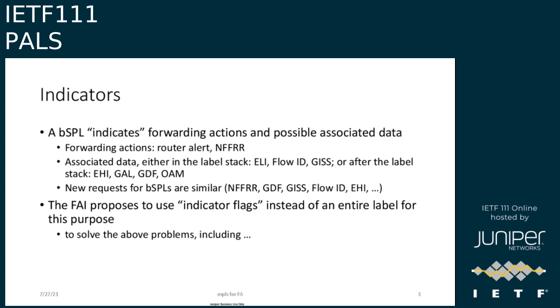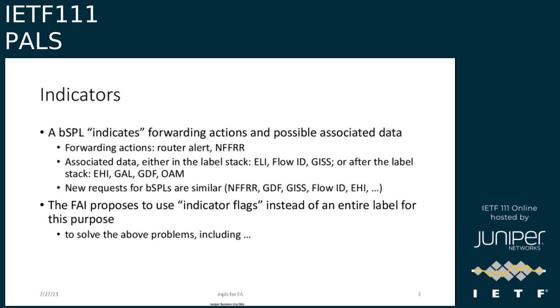So essentially the label acts as an indicator, and you have one base special purpose label that you burn for every one of these. The problem with that is we have a lot more ideas now. We have actually 6 in the pipeline, and we have 8 labels left, so we just burn all of them this way.